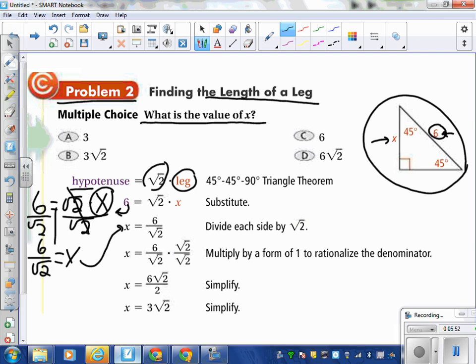Now, when we want to solve for x, and we have a square root of 2 down here in the denominator, we need to get rid of that square root sign. In order to do that, we multiply the top and the bottom by the same number as the bottom number, which is square root 2. So when we take square root 2 times 6, we get 6 square root 2.